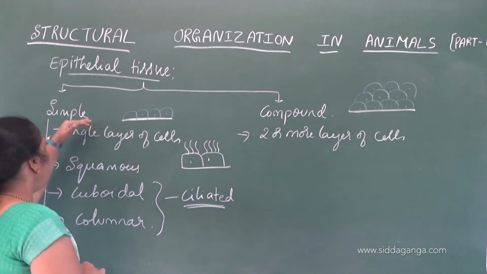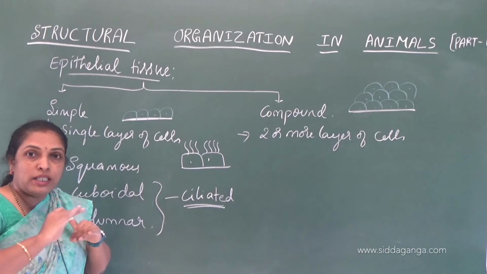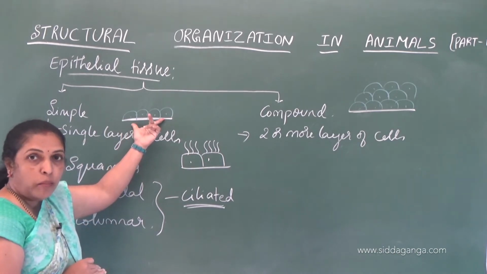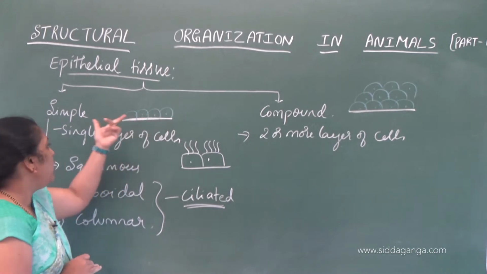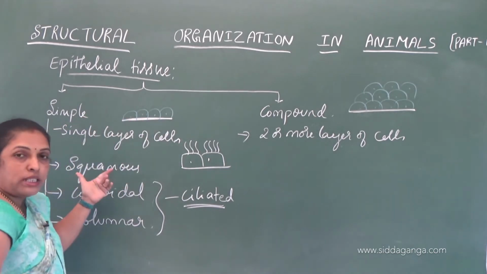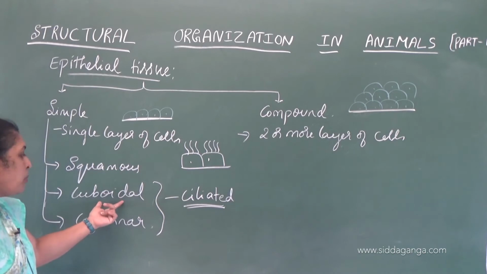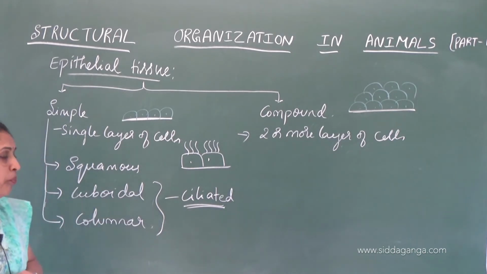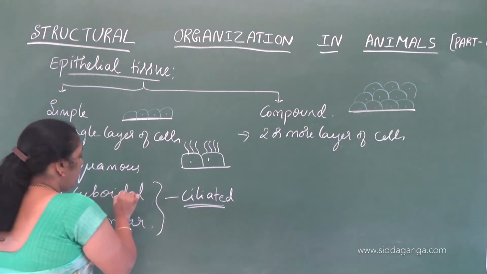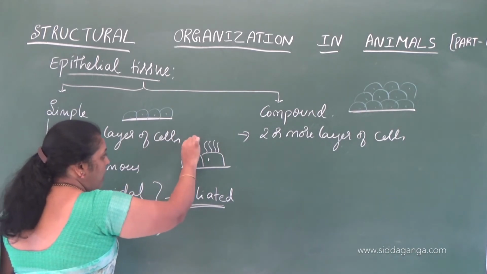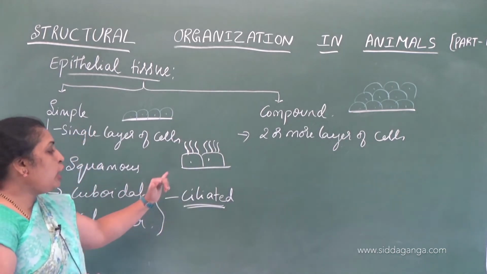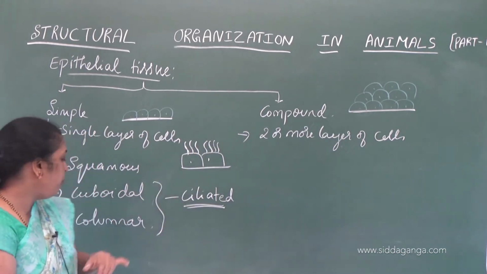Understood? Simple epithelium has a single layer of cells on the basement membrane. It is classified into simple squamous epithelium, simple cuboidal epithelium, and simple columnar epithelium. If the cuboidal cells have hair-like structures on their free surface, it is called ciliated cuboidal epithelium.